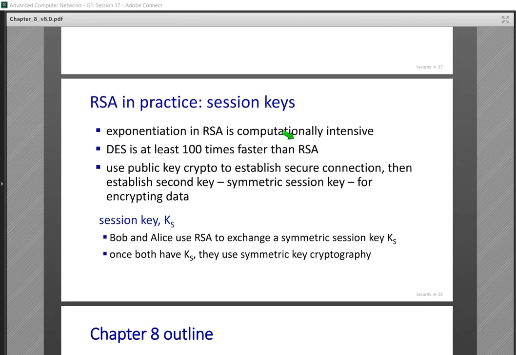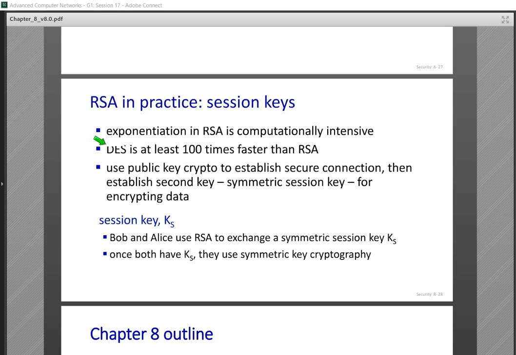But RSA suffers from a big disadvantage. The computational cost of RSA is very high. The DES is at least 100 times faster than RSA.